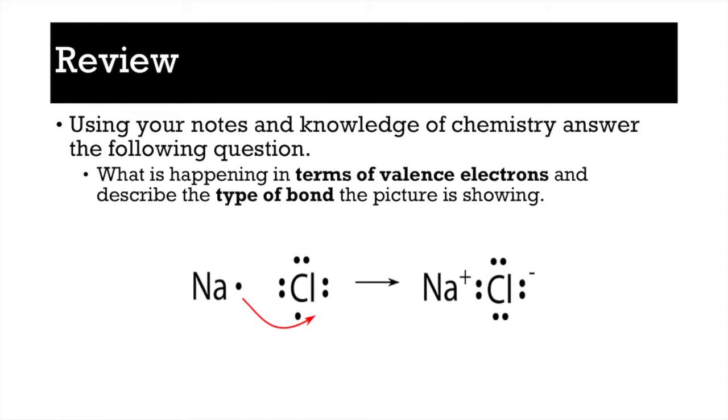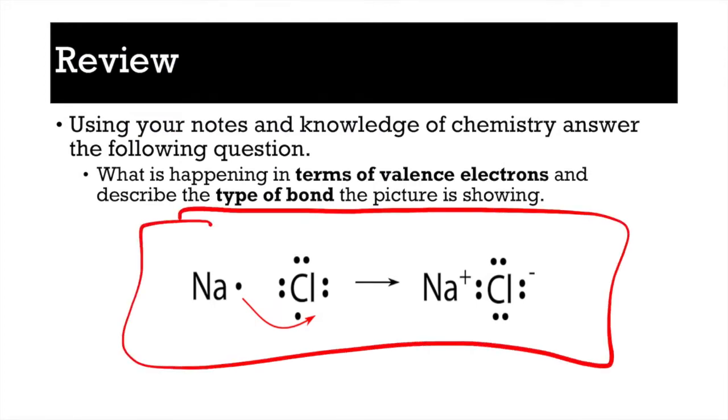Okay, so quick review. Looking at this picture, what is happening? Explain in terms of valence electrons what is going on and the type of bond that is forming. So what you should notice is that sodium has that one valence electron. Chlorine has a little empty spot. So chlorine is a bully and comes over to sodium and grabs its electron and steals it. So chlorine has an extra electron and has that minus charge because that means it gained one electron.